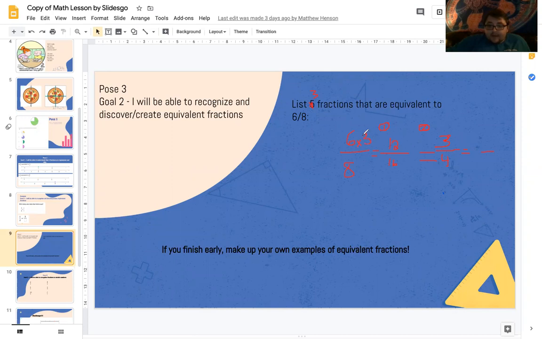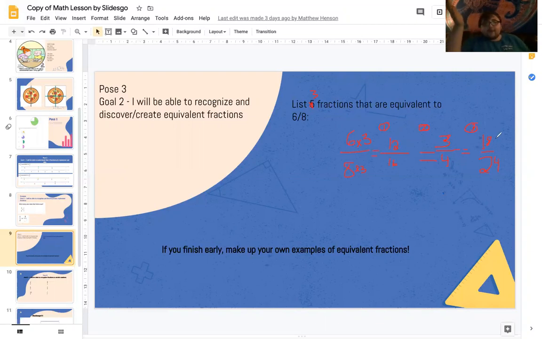It's dividing is when you need to find a common divisor, because not all numbers are going to be able to be divided into another number. So 6 times 3 equals 18. 8 times 3 equals 24. Ugh. My handwriting gets worse and worse with this mouse as I go. So 6/8 is equivalent to 18/24.